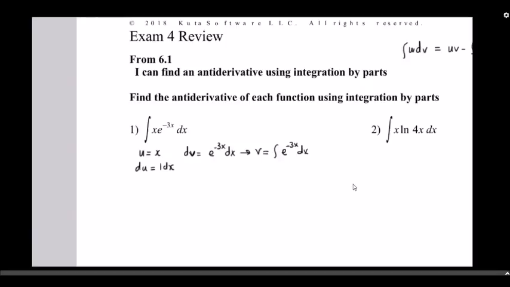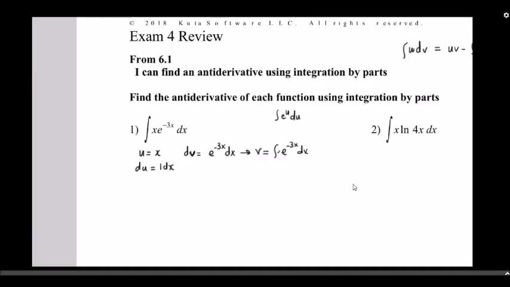So in order to find the antiderivative of e to the u, right now we're going to use the formula e to the u du to find this integrand right here. So if this right here is u, if u equals negative 3x, that means the du is negative 3 dx. So I've got the dx, but I'm missing the negative 3.